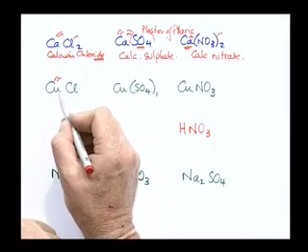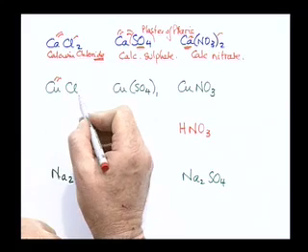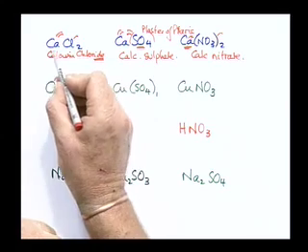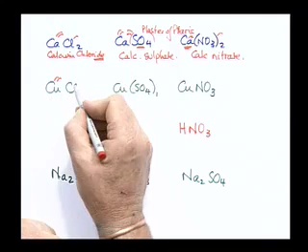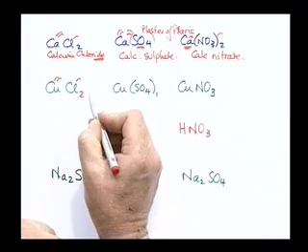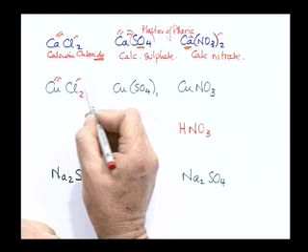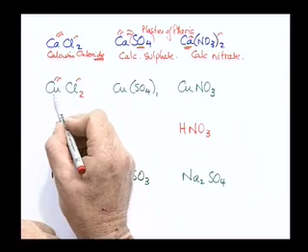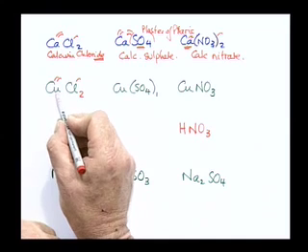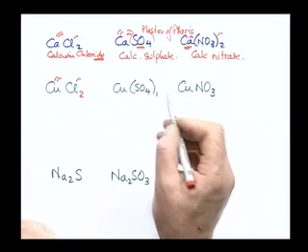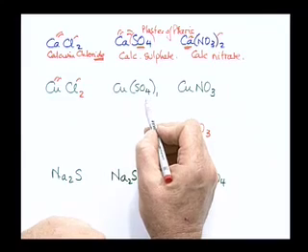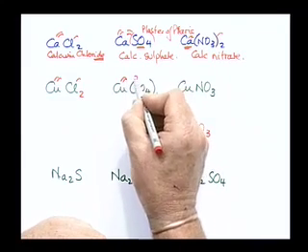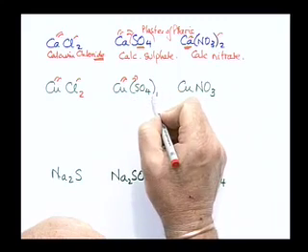If copper has two hooks, and I've told you that, then surely CuCl can't be right, because just like CaCl2, it must also be two of these. So two chlorides have 2 times 1 hook, and that satisfies the two hooks of the copper, Cu. Copper sulfate, now CuSO4, that has two hooks, that has two hooks, they satisfy one another.